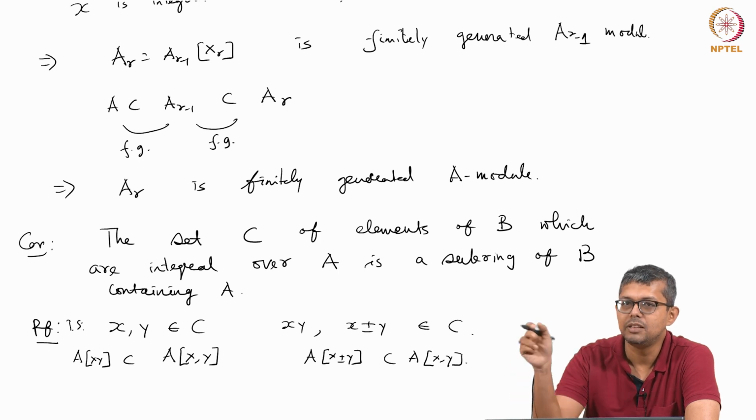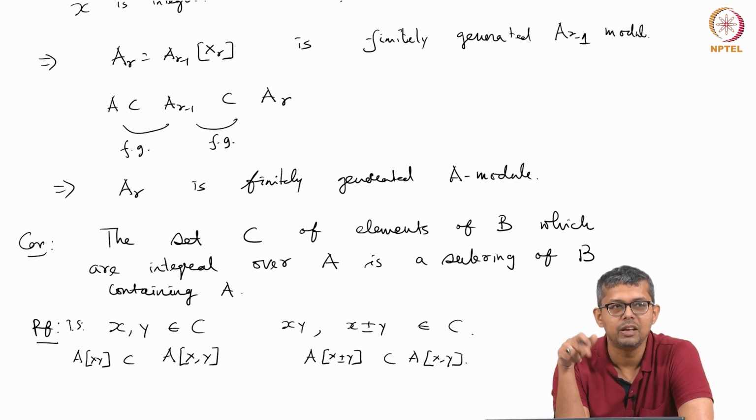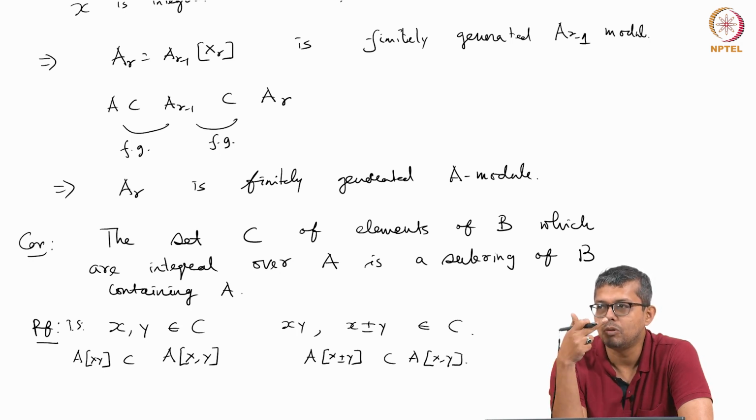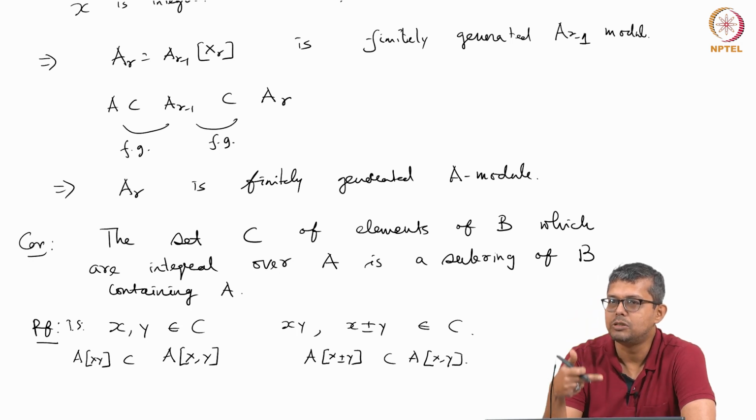So now you see why I wrote so many equivalent statements, 1, 2, 3, 4. To prove that A[x] is a finitely generated A module implies that x is integral over A, I require 3 and 4 basically.